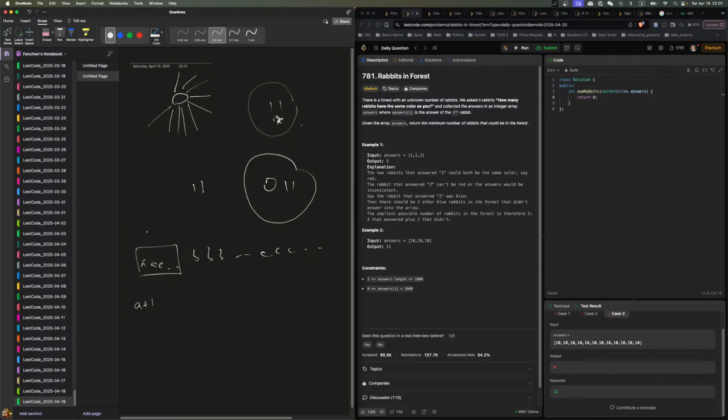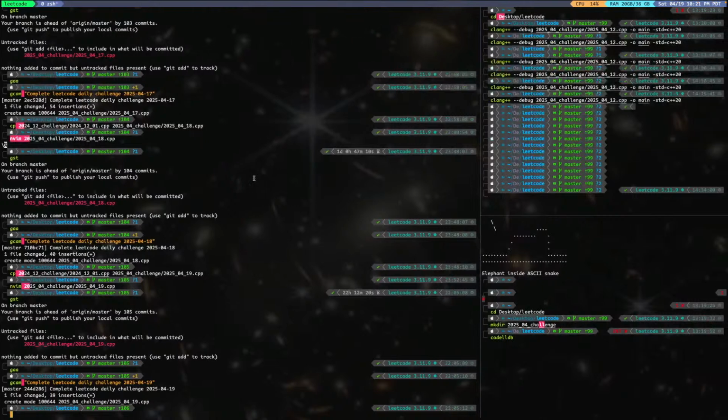If it's larger than that, then we need to restart, then we need to restart again. So with that in mind, I think we have something that can do this.